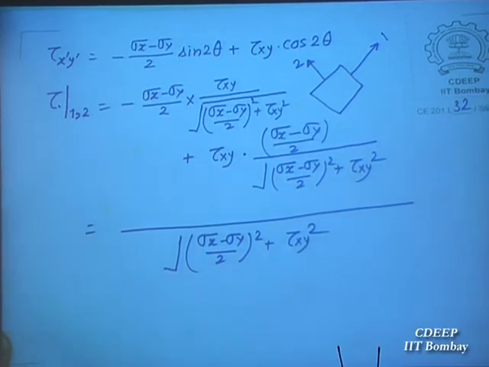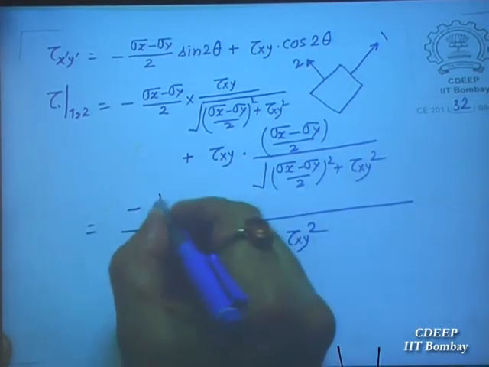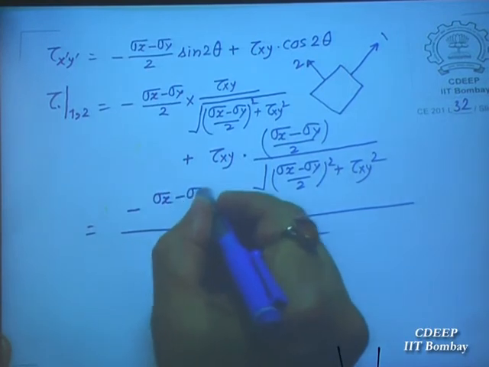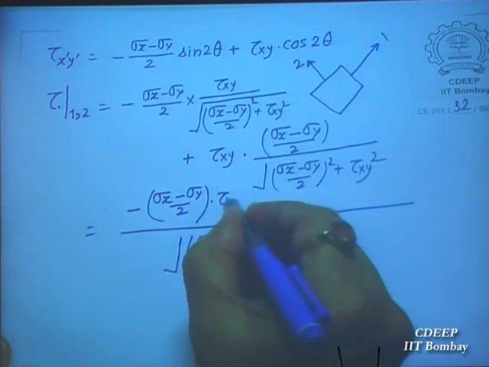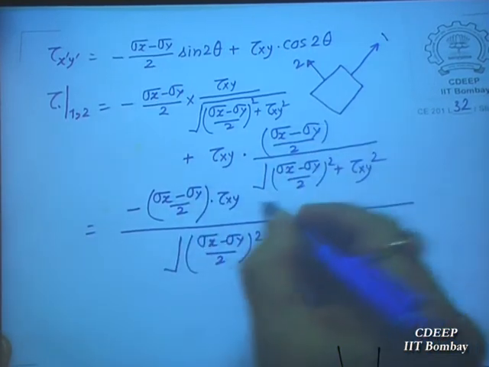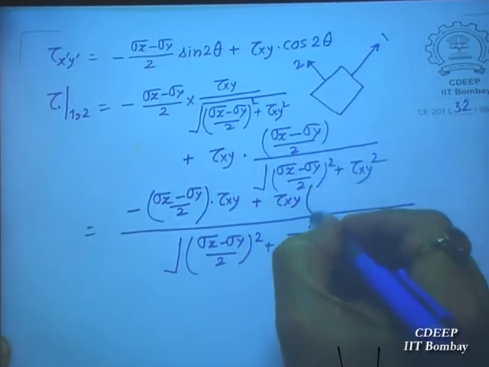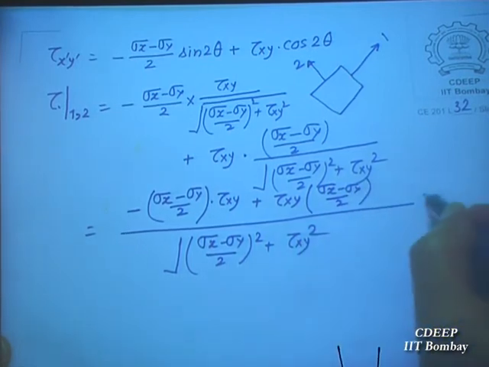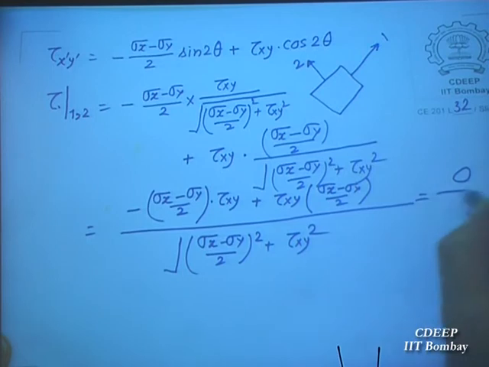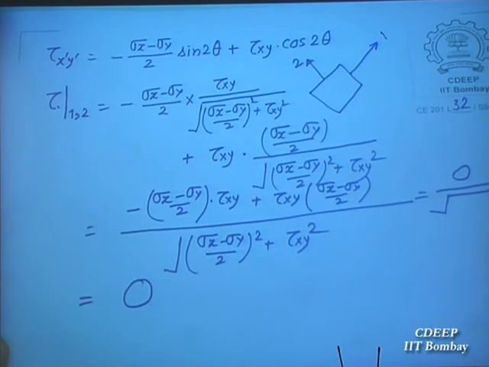On the top you have got minus sigma x minus sigma y by 2 times tau xy, plus tau xy multiplied by the same, so it is 0 divided by this, and therefore it is 0.